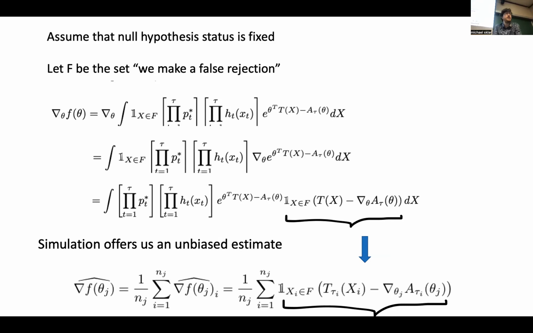So my claim here is that you can get an unbiased estimate of this gradient at a fixed value of your parameter if you just take that weighting factor and average it. This weighting factor being this gradient of the upstairs stuff, and zeroed out if you are not making a false rejection.